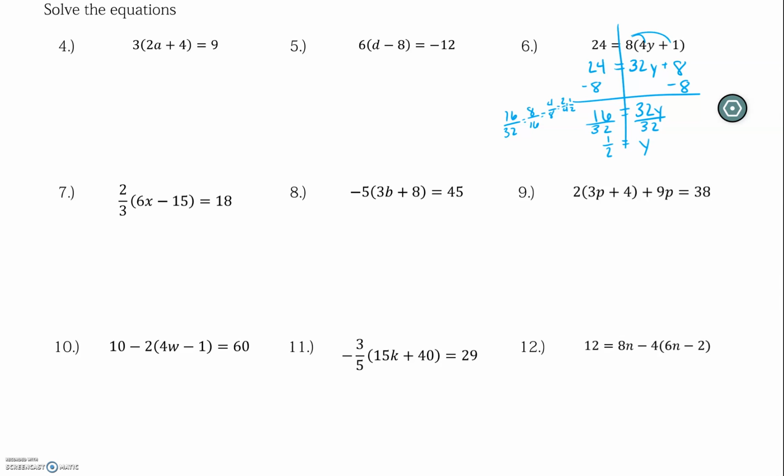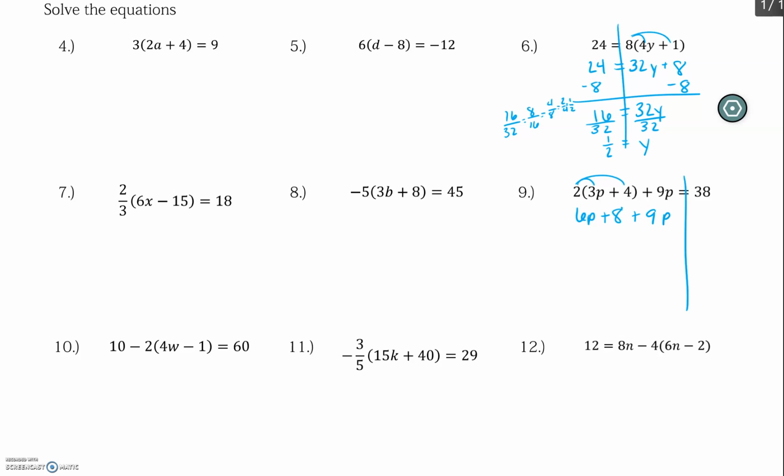Alright, number 9. Is there anything we need to simplify first? Yes, we need to distribute this 2 first. So we're going to distribute it out. So 2 times 3p would be 6p. 2 times 4 would be 8. We do not multiply the 2 by that 9p because 9p is not in the parentheses.